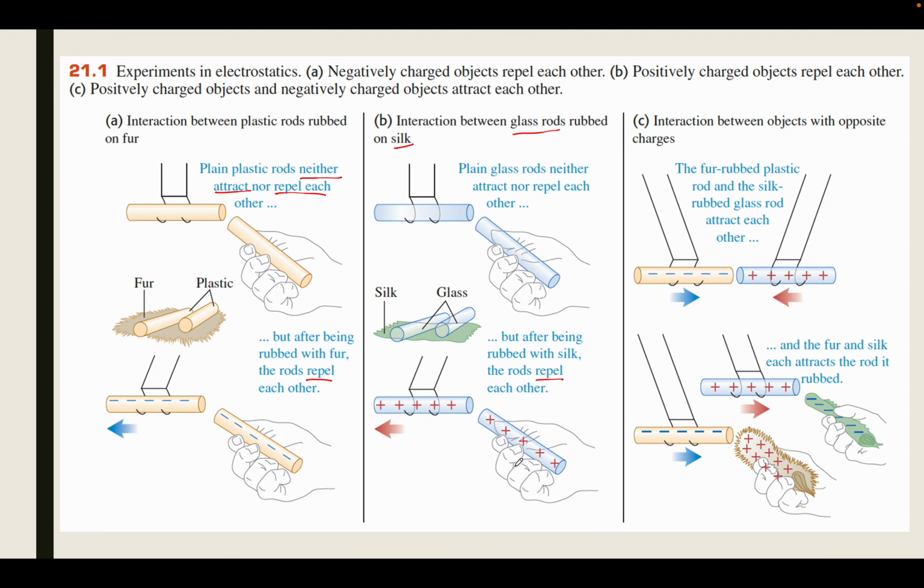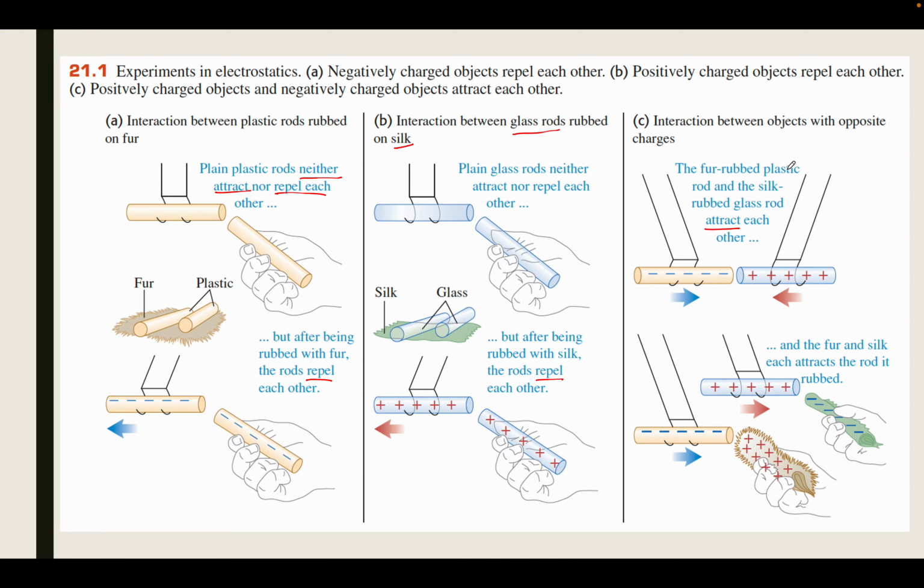But for letter C, the plastic rod rubbed with fur has now acquired a negative charge. If we place it with the glass rod rubbed in silk, which acquired a positive charge, these two rods have opposite charges, so they will attract each other.